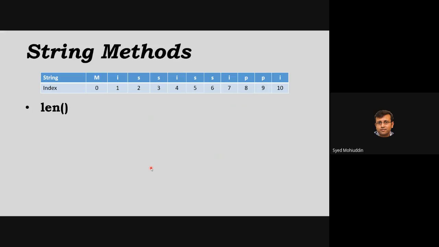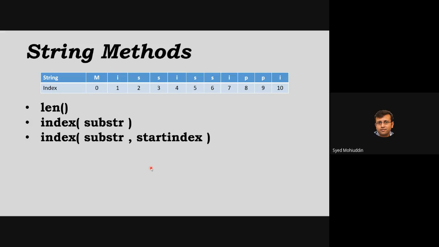Now here we have certain methods in string, like the len method, which gives the length of the string. Index is a method which gives the index of the starting character of a substring when we pass a substring as the argument.